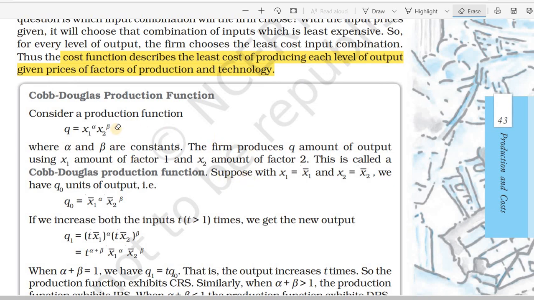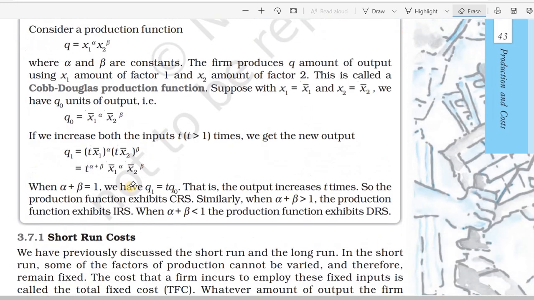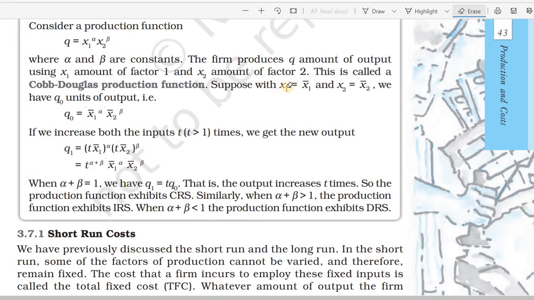Instead of this, we can assume it as capital and labor, say 5 capital and 10 labor. This relation between the amounts of factors is called the Cobb-Douglas production function. Here you can see how we can explain that equation.